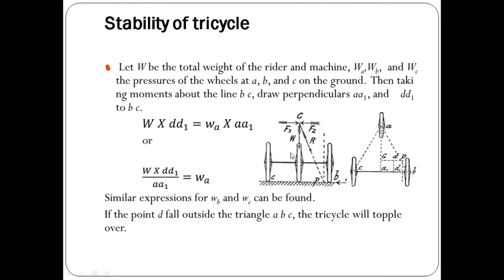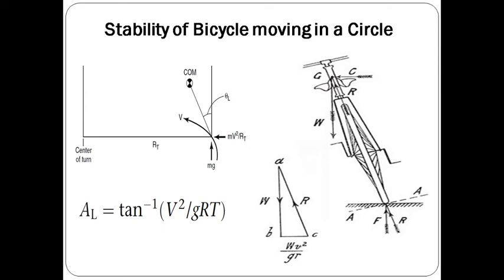A similar exercise will apply to the stability of bicycles when we are moving in a particular circle. You can see in the figure that a bicycle is moving in a circle, or moving in a curve. The same example is explained here also.